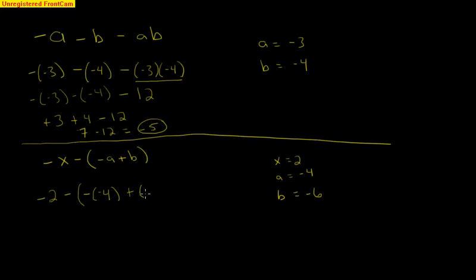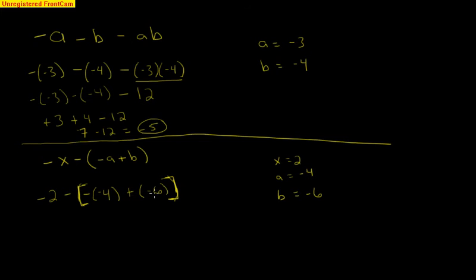Plus b equals negative 6. Sometimes I like, if we have parentheses like this right next to each other, it's a little easier for me to follow personally if we make the parentheses a different shape. Otherwise it sometimes gets confusing if they look the same.